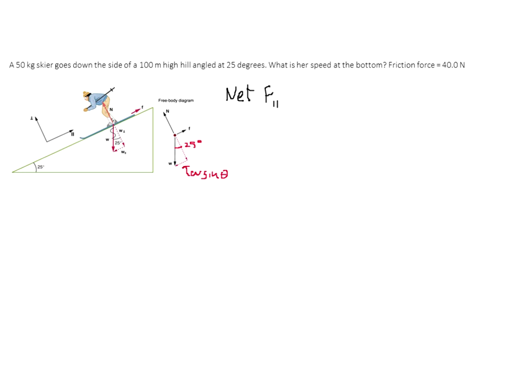And I'll just leave it as theta for now. Or you can also write that mg times the sine of theta. So if we look at that, let's go back to black.